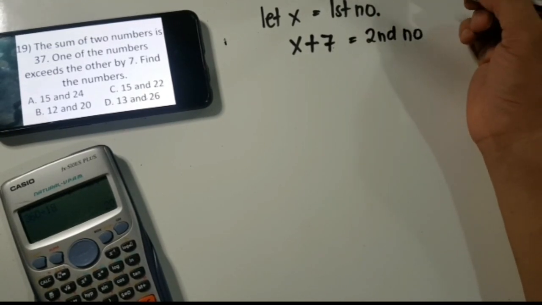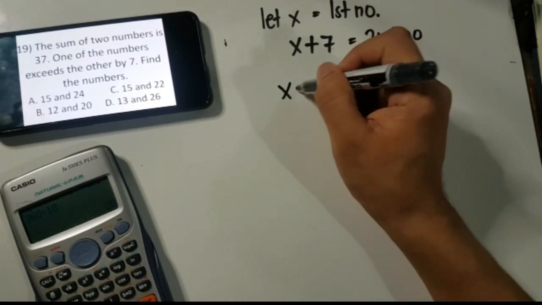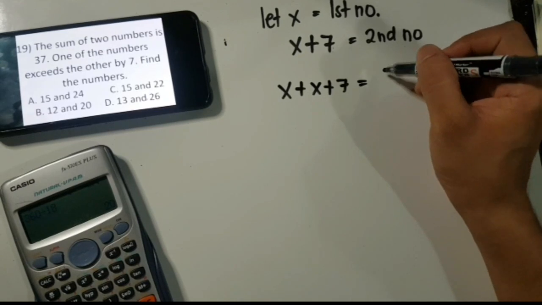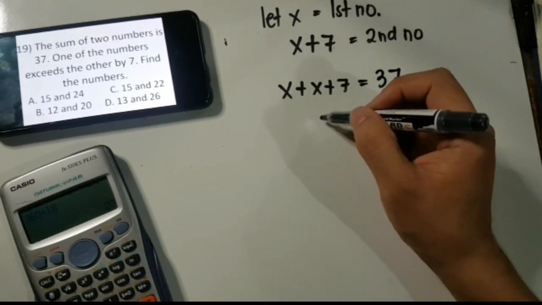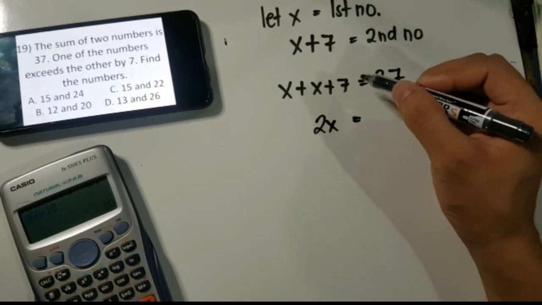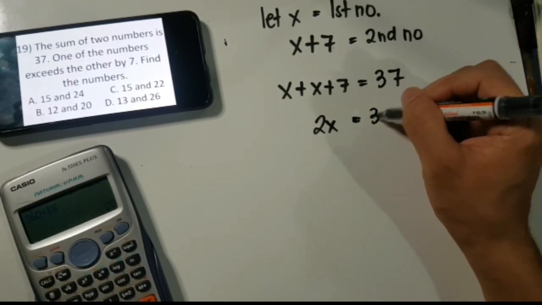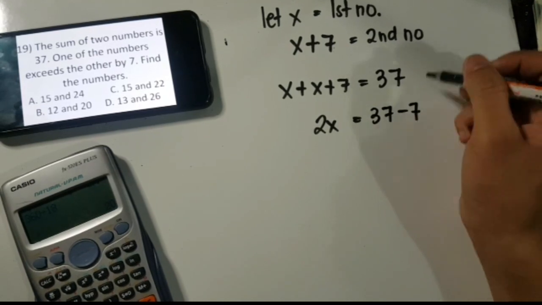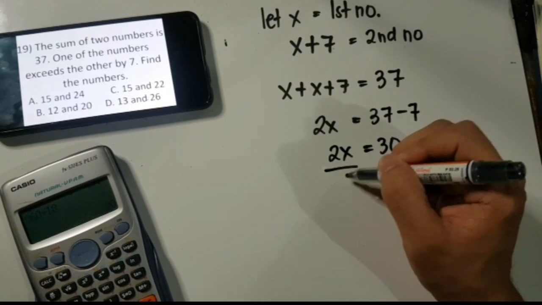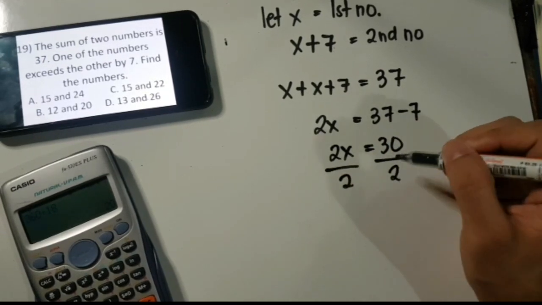So, sabi nito, sum daw nila is 37. So, x plus x plus 7 is equal to 37. So, combine like terms, 2x, subtract 7 both sides. So, 37 minus 7, that is 30. So, divide both sides by 2 to get the value of x.